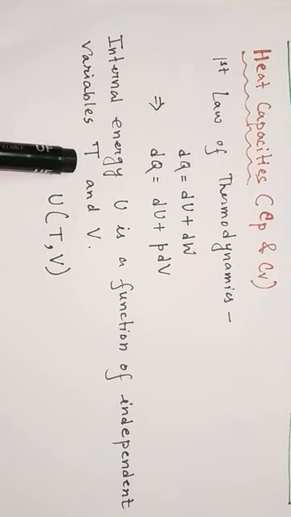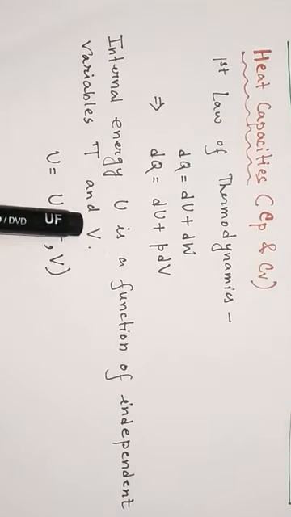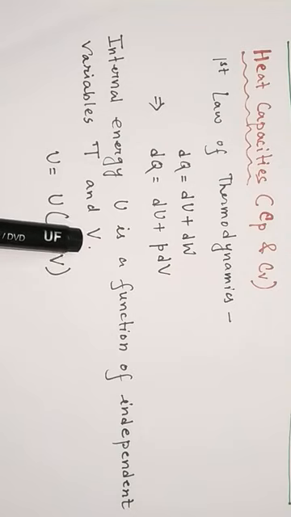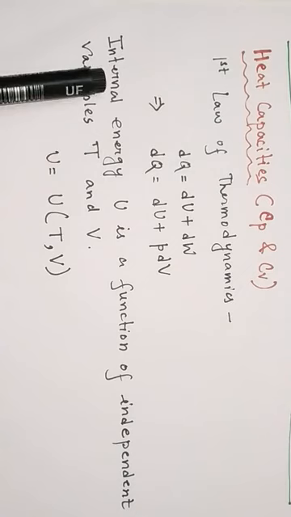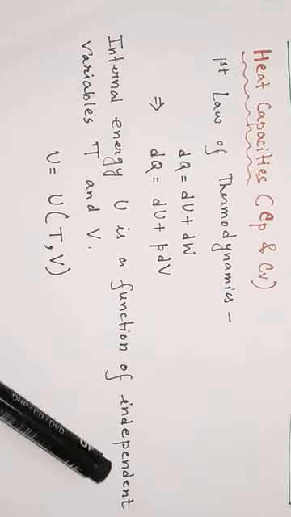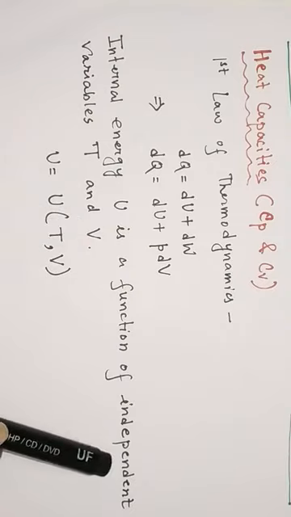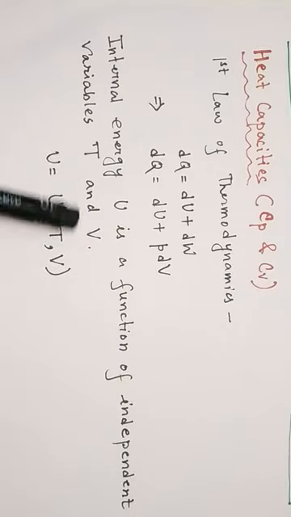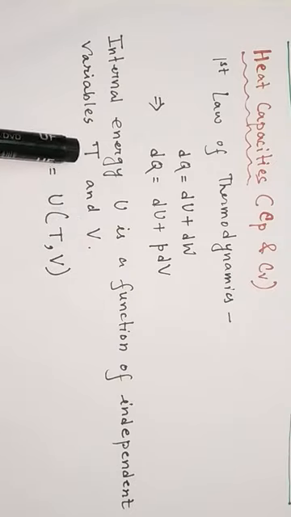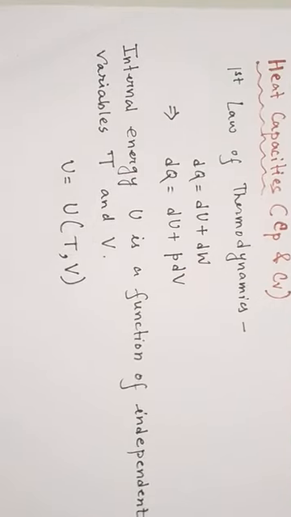But in general, the internal energy can also be a function of the volume of the system V. So, we can say that the internal energy U is a function of both these independent variables, temperature T and volume V. They are independent, meaning these two state variables' values do not depend on each other.